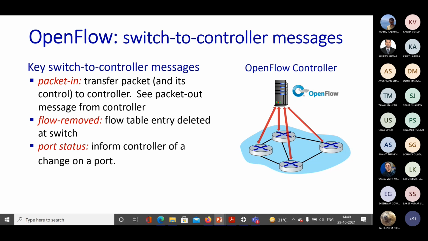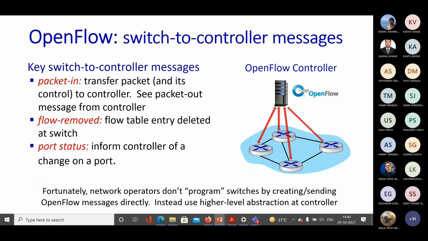This information is sent using switch to controller messages. Then we have port status, which informs the controller of a change on a port. Fortunately, network operators don't program switches by creating or sending OpenFlow messages directly. They use a higher level abstraction at the controller for creating or sending flow messages.